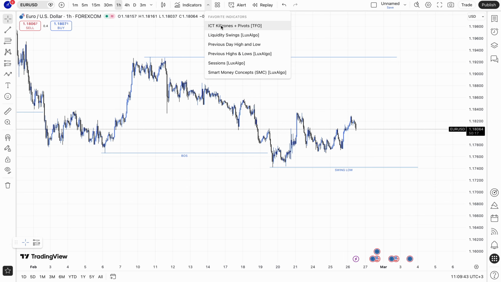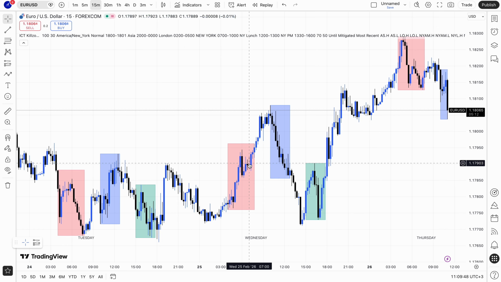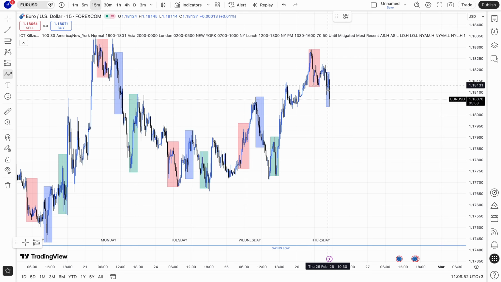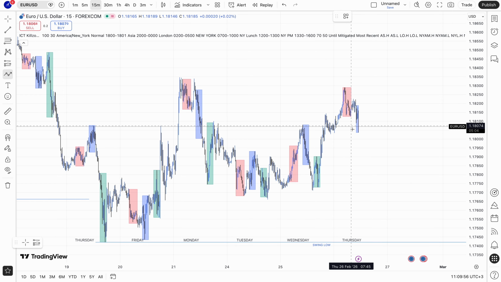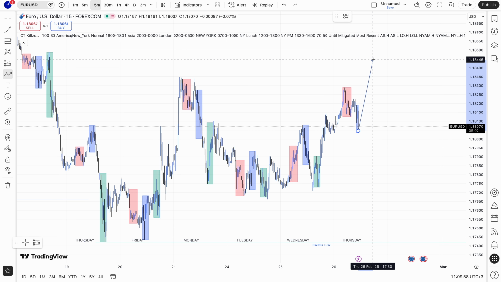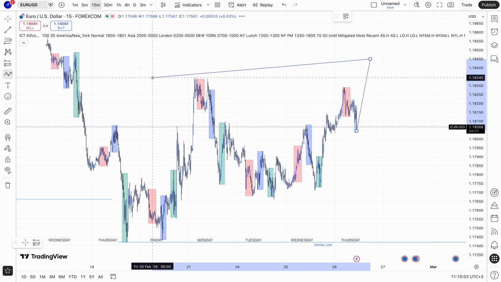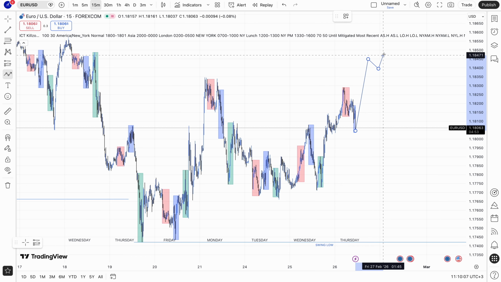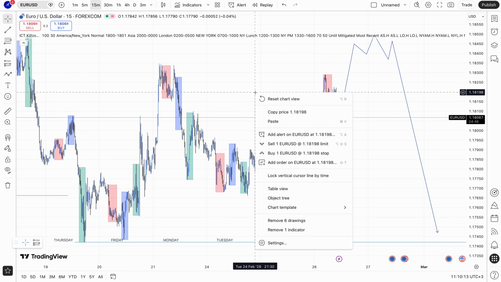Then you're going to see our Asian high, Asian low. But today, Asian low was first taken out. Then I'm going to wait for the price to come out, take out this Asian high, and sweep this liquidity up here. Then I'll go to 1 minute for my market structure shift for the continuation. That's very simple for scenario number 1.